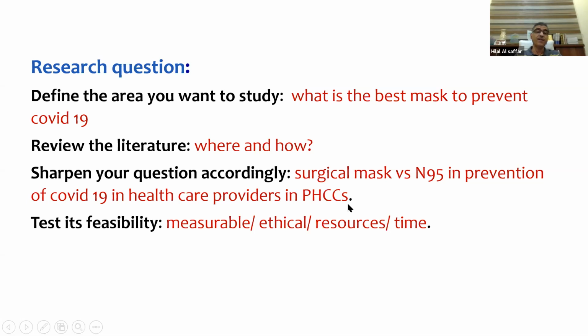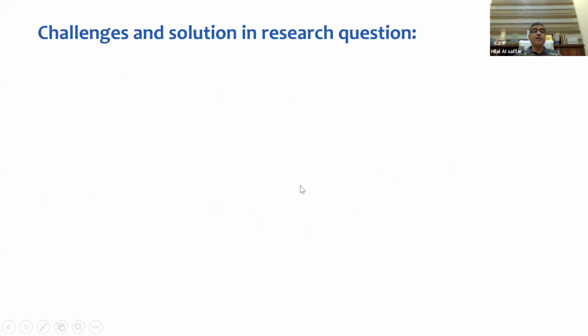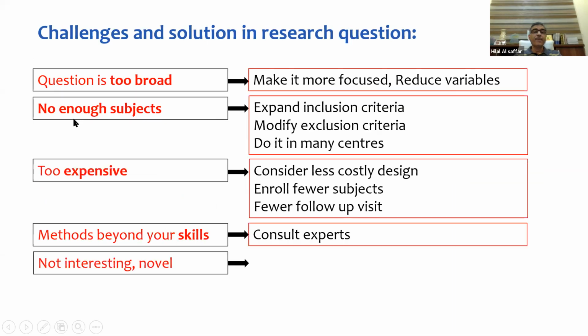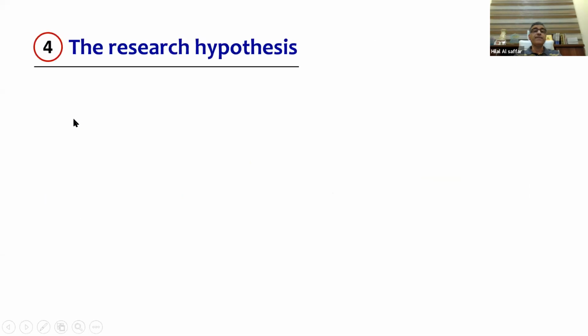Now it is clear. And even after we finish the research question, we must test its feasibility: okay, can I do it? Do I have the resources to do it? Is it ethical, etc. I will skip this slide.